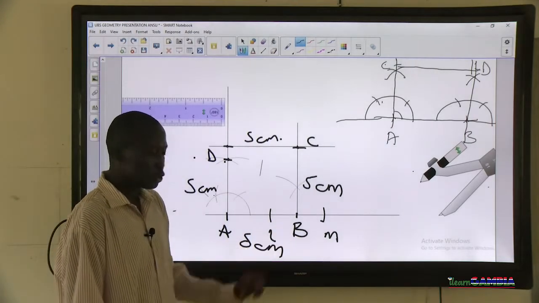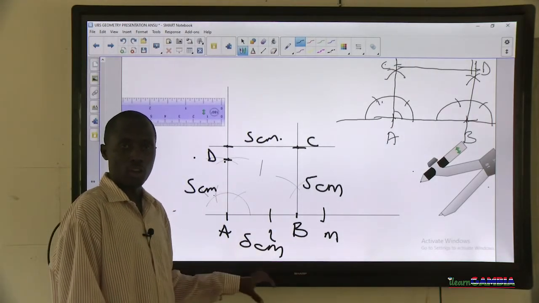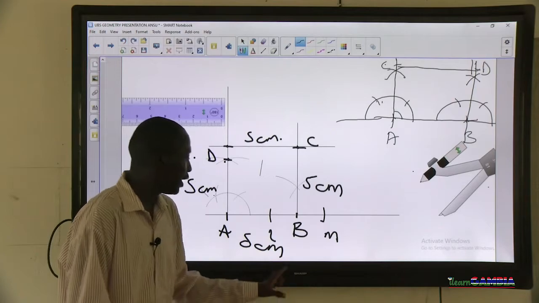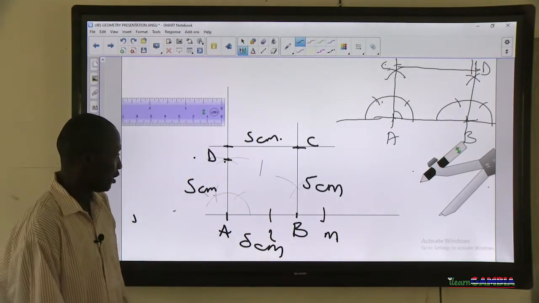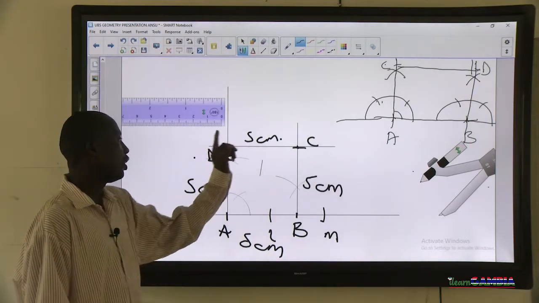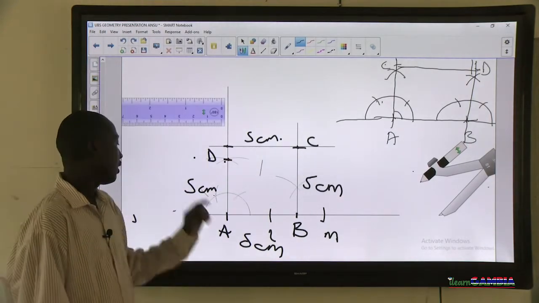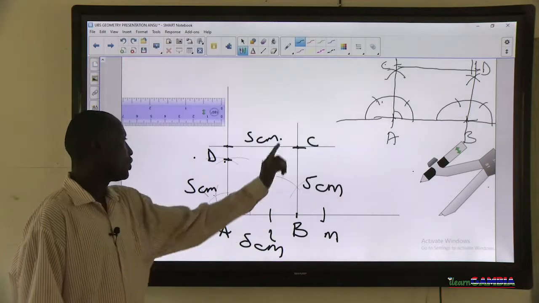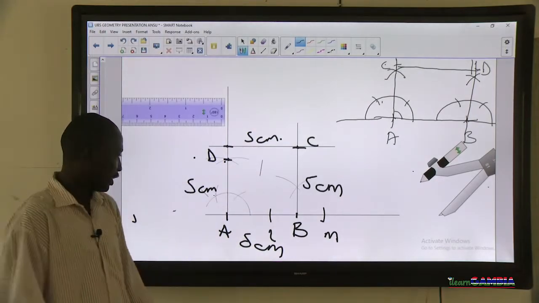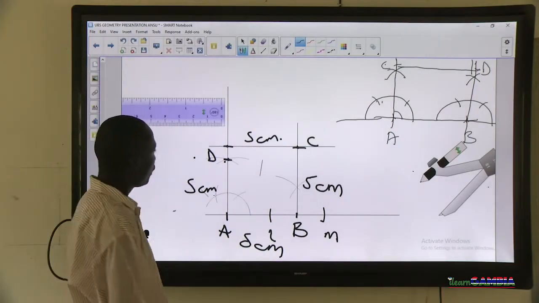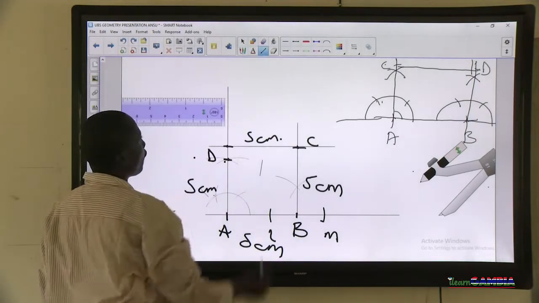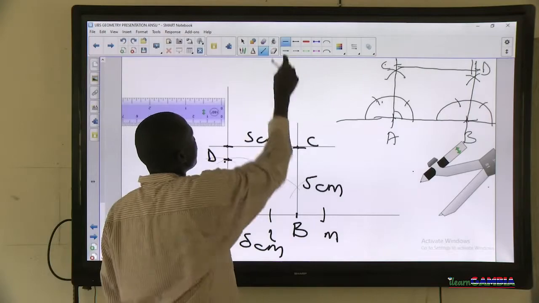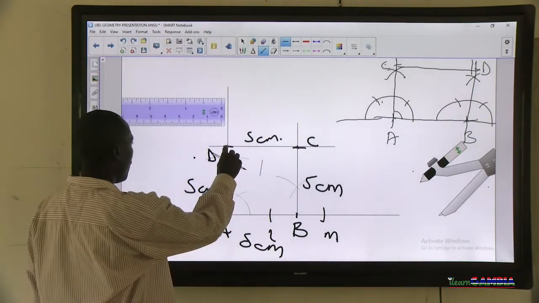At point A also construct an angle of 90 degrees. Then mark a point on it, C, which equals 5 centimeters. Then join D to C. The square ABCD is what is required to be constructed. So this is the required construction of the square, which is 5 centimeters long.